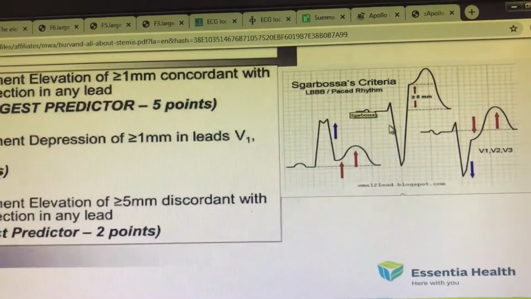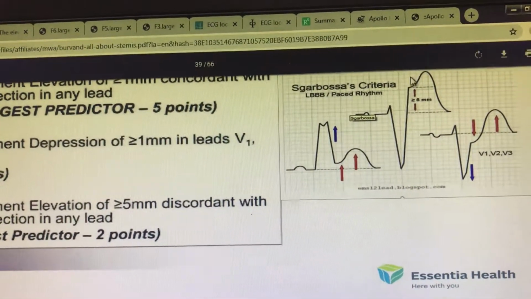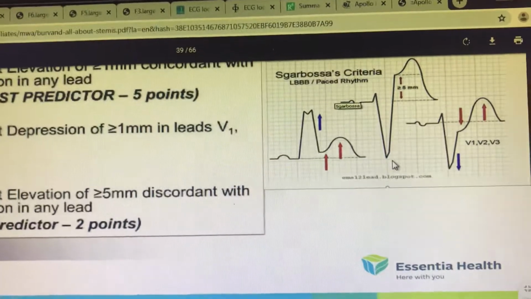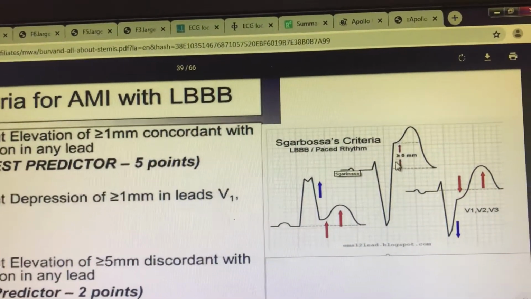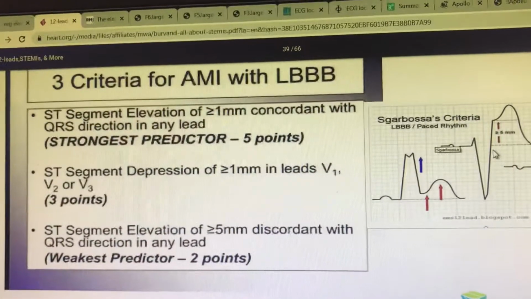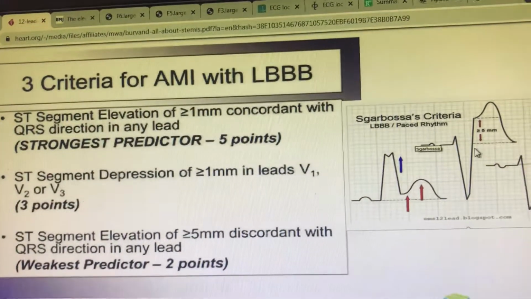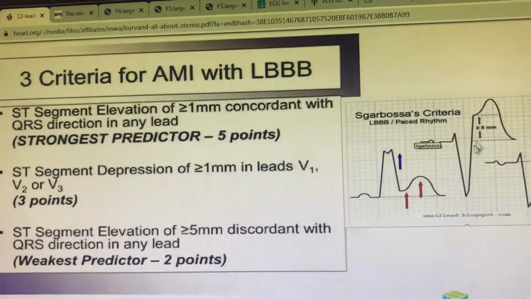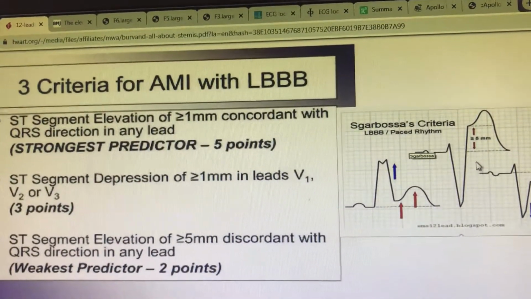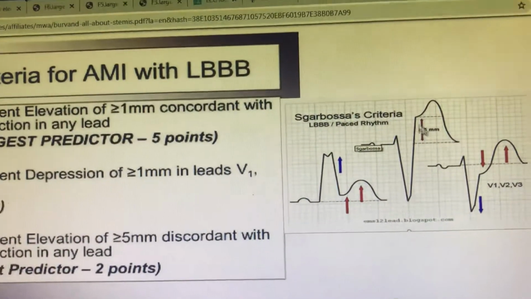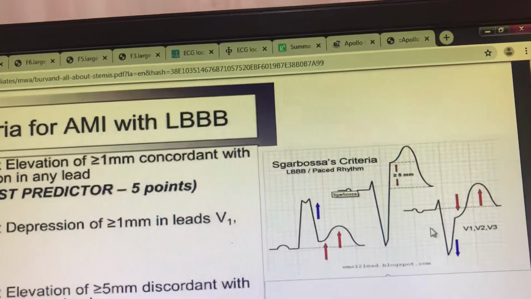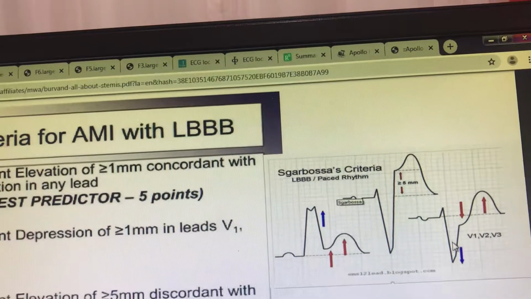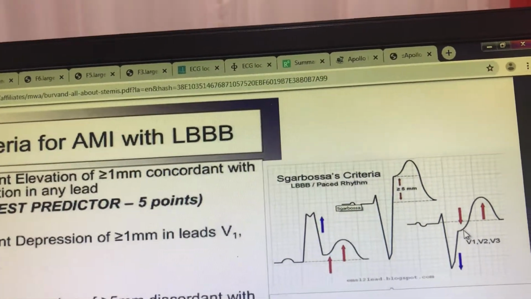If it is non-concordant, like the QRS and ST are dissociated, and you have more than 5 millimeter ST elevation, then it carries around 2 points. If ST depression is there along with concordance with the QRS, then it carries 2 points.